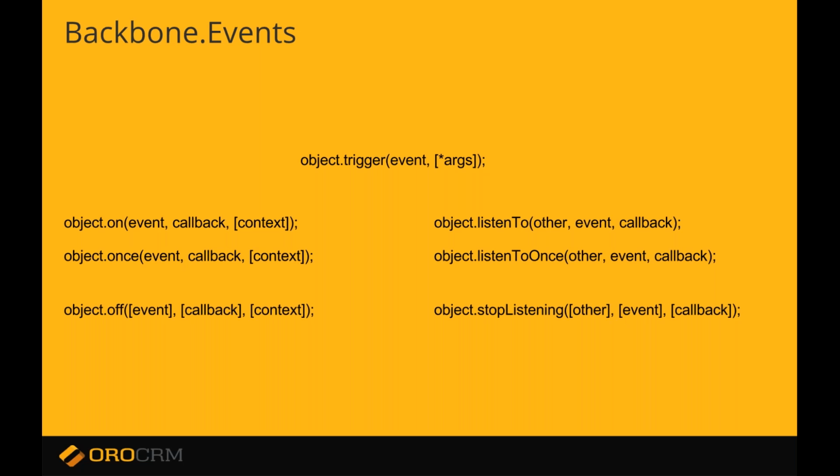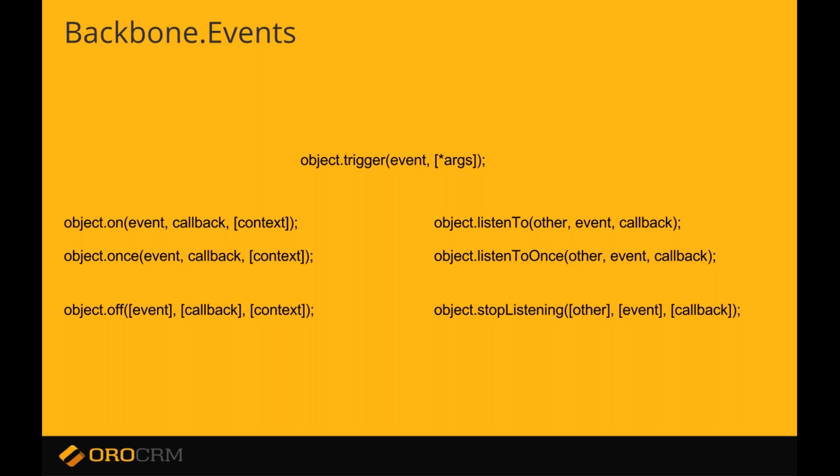Those methods are very useful when we want to add a single handler for the event. And once we have two objects that implement events, it's highly recommended to use the listenTo, listenToOnce, and stopListening methods. They help with maintaining event subscriptions. So once the initial object is removed or disposed, it will remove all handlers that are stored inside the object.